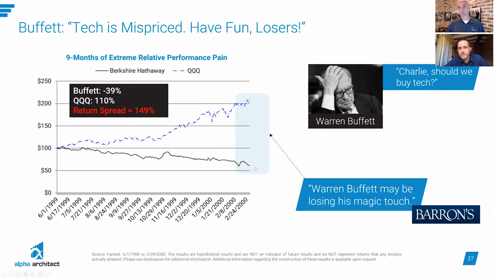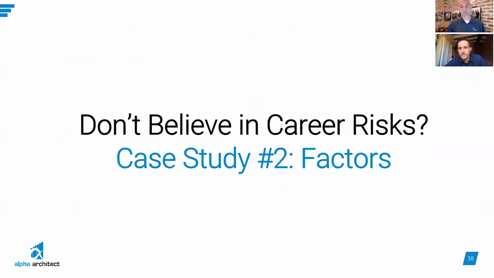Because if you underperformed by 150% trying to be a disciplined value investor, no one's going to believe that you can come back, right? Because tech is so much better, value investing is for losers, etc. So again, that's the stock picking version of being a value investor in particular. And then we can also talk about being the factor equivalent.